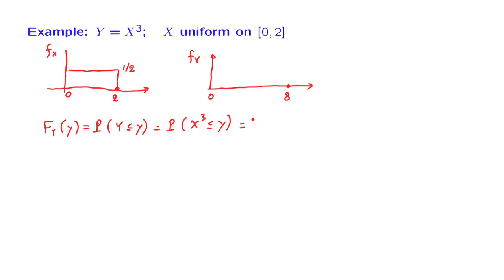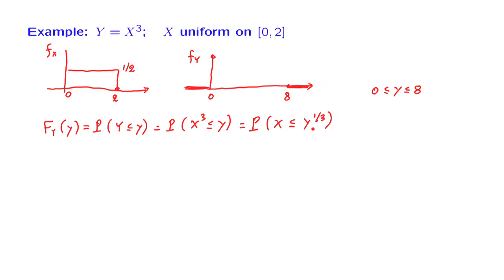This is the same as the probability that x is less than or equal to y to the 1/3. Now, we only care about values of y that are between 0 and 8. So this calculation is going to be for those values of y. For other values of y, we know that the PDF is equal to 0, and there's no work that needs to be done there. Okay.